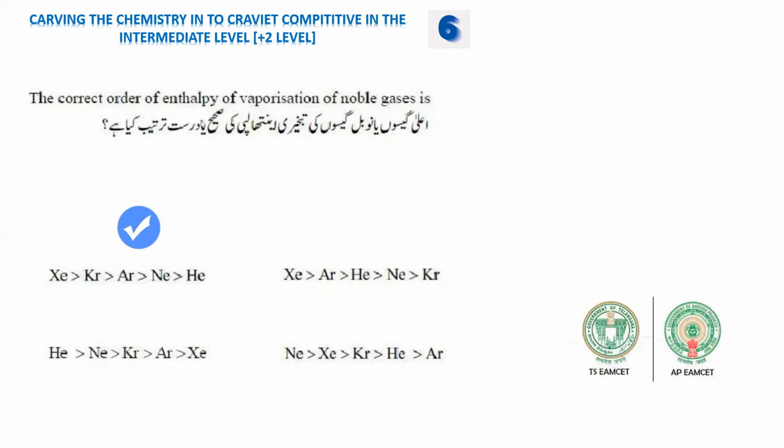So how much heat do we need to convert liquid noble gas into gaseous noble gas? That order we need to depict here. The right order will be xenon highest, krypton next, argon next, neon, and helium the tiniest one having the lowest enthalpy of vaporization. So let's see how we can justify this answer.